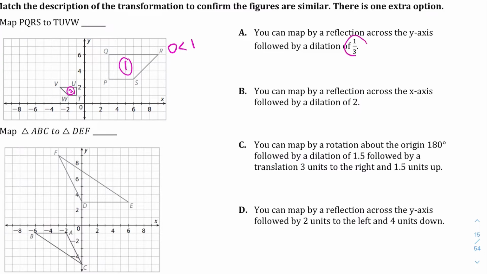Well, this one has one that's less than 1, and that's the only one. So this is going to be our answer, really. And if we read the rest of the description, we see that it's true as well. The reflection across the y-axis, so we reflect it across this way, and then it does get smaller by 1/3. Okay, so there's that.